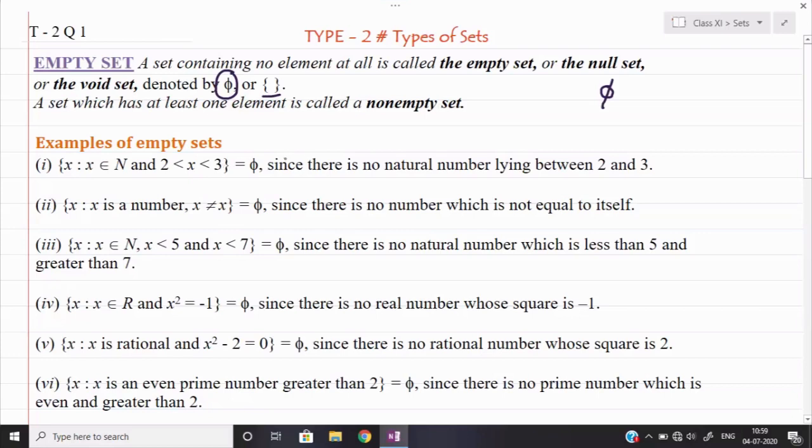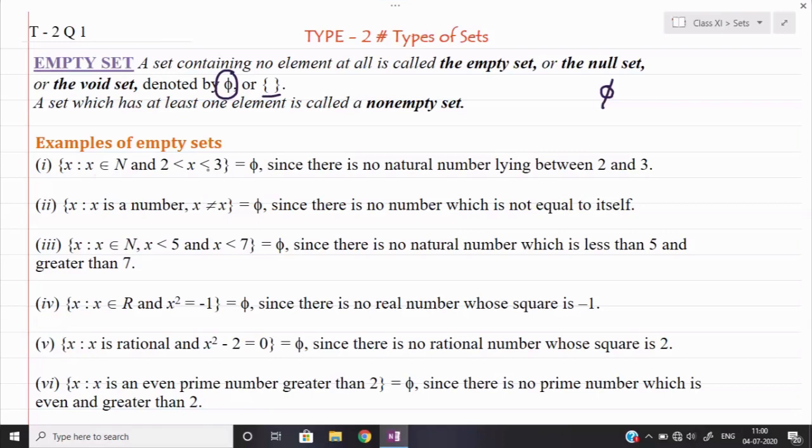Let us see some examples. The first example: x belongs to the set of natural numbers and the value of x lies between 2 and 3. Means x should be more than 2 but less than 3, and the number should be a natural number.